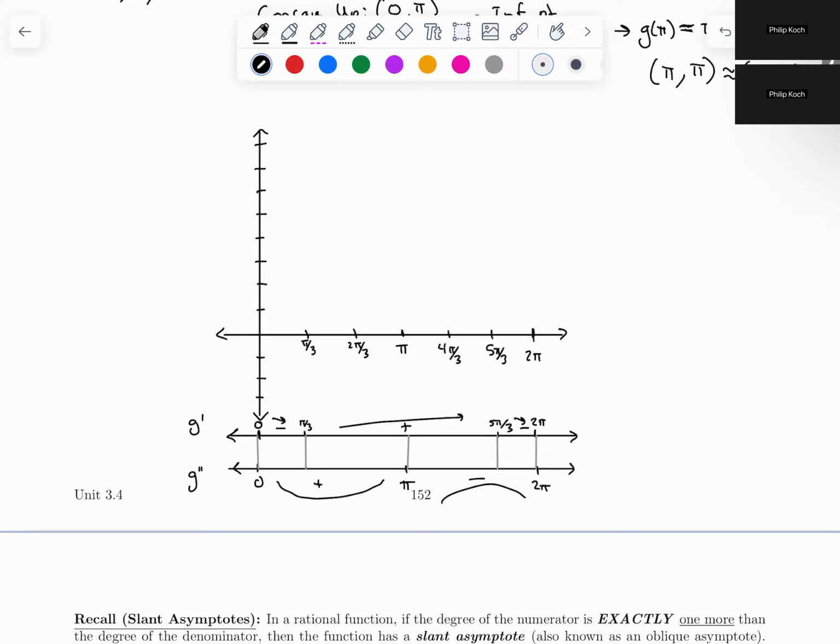Realizing if you're decreasing and curving upwards, you should look like this. That's what you should get. The first two should form a lower half of a circle. The second two should form the upper half of a circle, if you're drawing it the correct way.